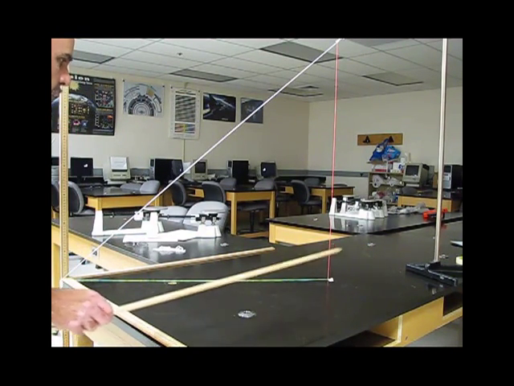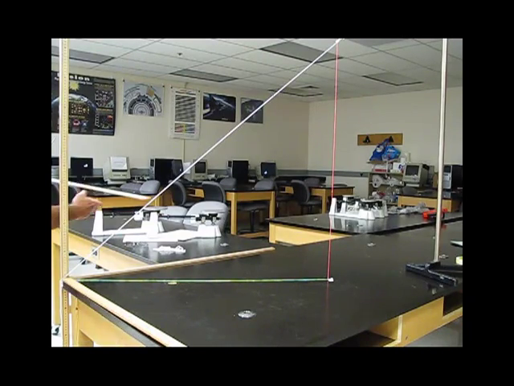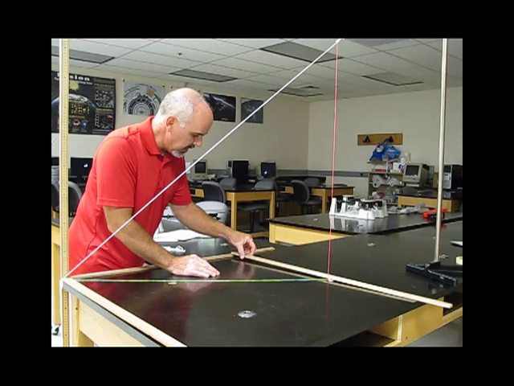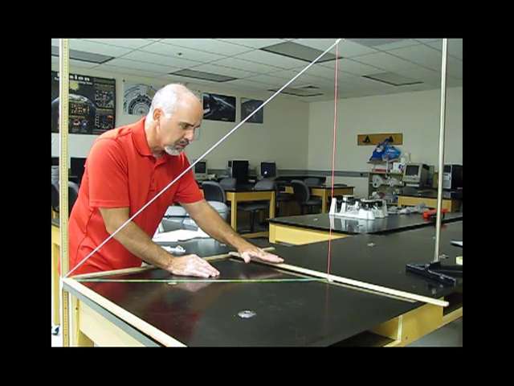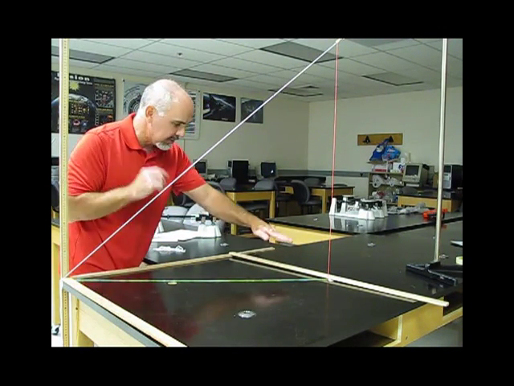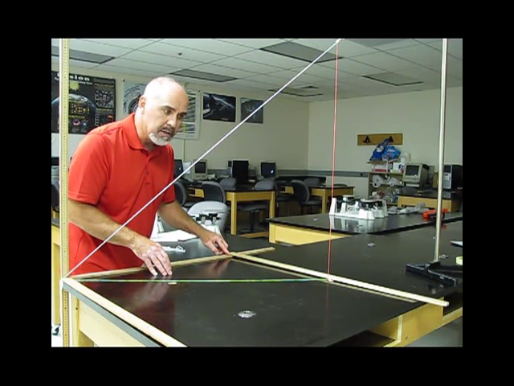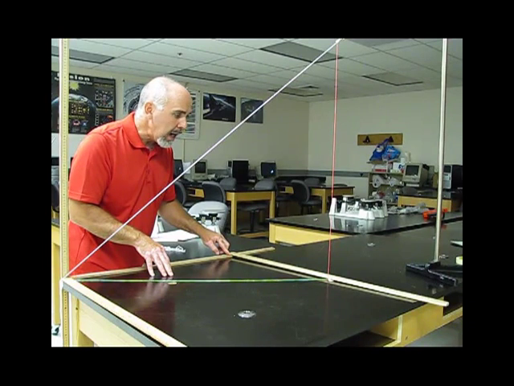And then I can find the Y component by drawing a line from here over to the Y-axis. This ruler is now parallel to the X-axis. So this value here is going to be the Y component of this vector.